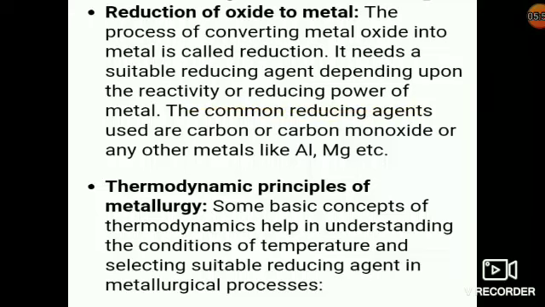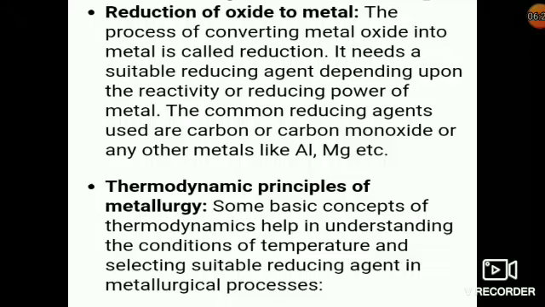The common reducing agents used are carbon or carbon monoxide or any other reactive metal, such as aluminum, magnesium, etc. Once you get the metal oxide, the next step is to reduce it into metal. That means you have to remove the oxygen from the metal oxide so that you get the metal, and for this you need a reducing agent. These are some common reducing agents.